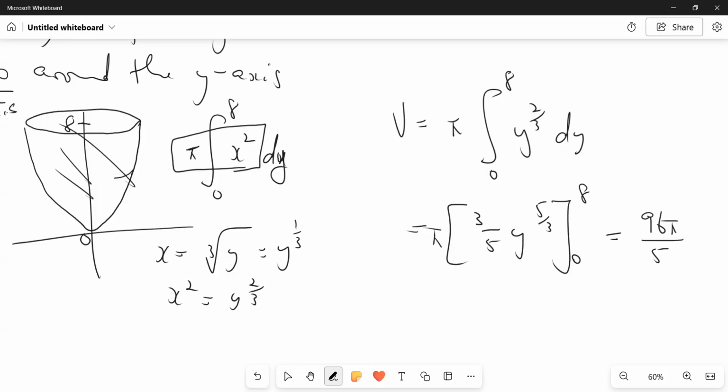They're taking a disk, and the area of this disk is pi x squared, because this value here is x. Remember pi r squared? So the area of this circle is pi x squared.